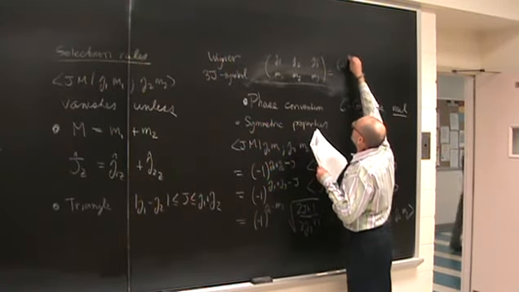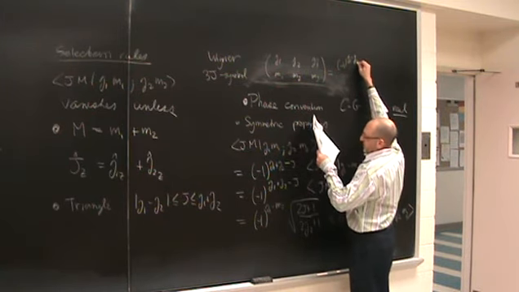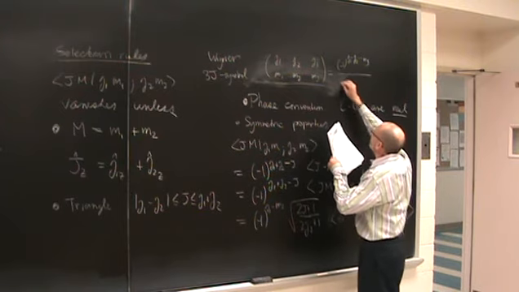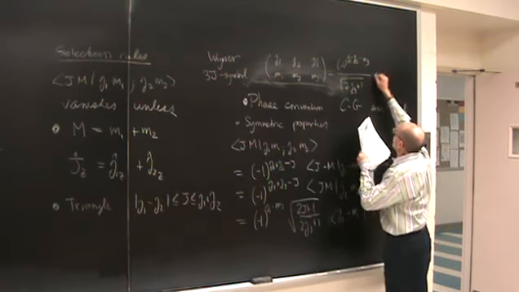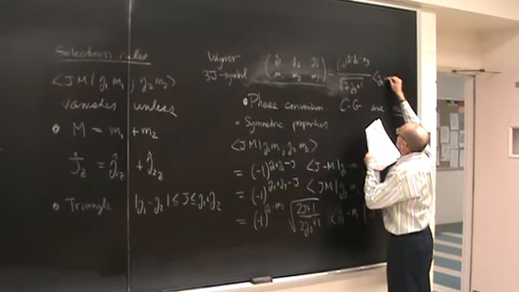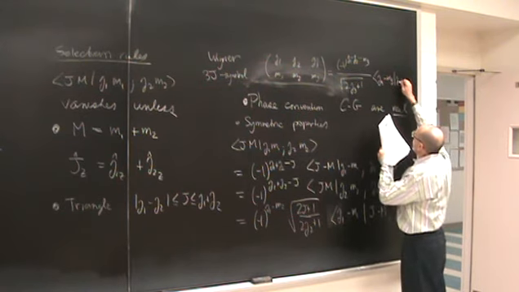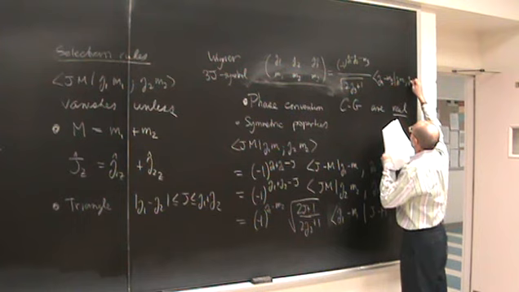Minus 1 to the J1 minus J2 minus M3 divided by the square root of 2J3 plus 1, the Clebsch-Gordan coefficient, J3 with minus M3, J1, M1, J2, M2.